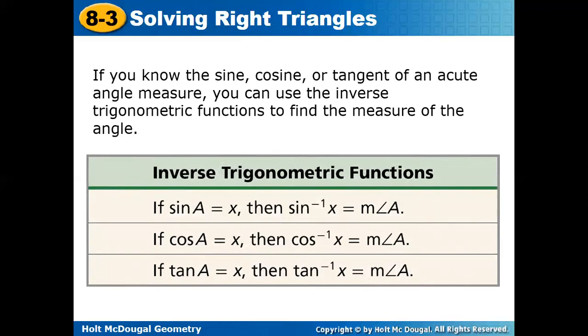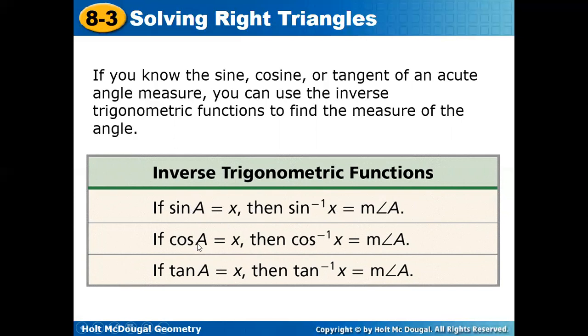If sine of any angle, like sine of angle A, equals x, then sine inverse of x is equal to the measure of angle A. So we're going to use this rule to find the measure of any angle if I know its sine.